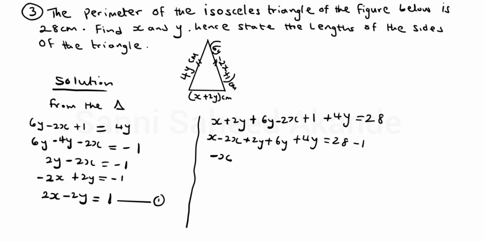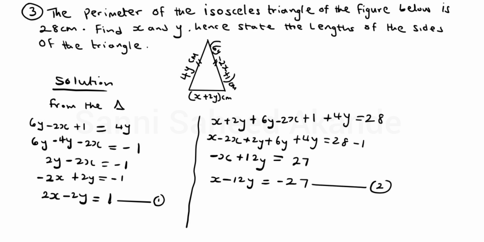Then 2y plus 6y plus 4y will give us plus 12y. Then equal to 28 minus 1, which is 27. So I don't want this minus to start my equation. So I will multiply all through by minus 1. Then my equation will change to x minus 12y equal to minus 27. And I will tag this as equation 2.